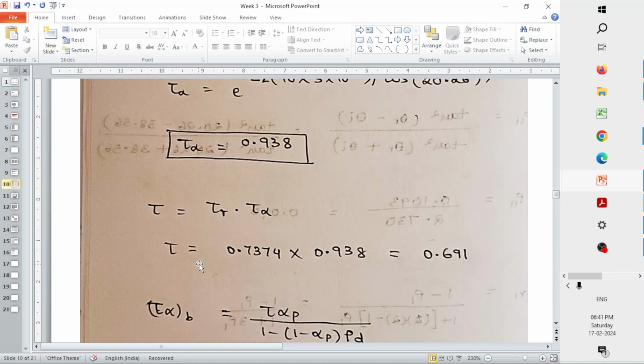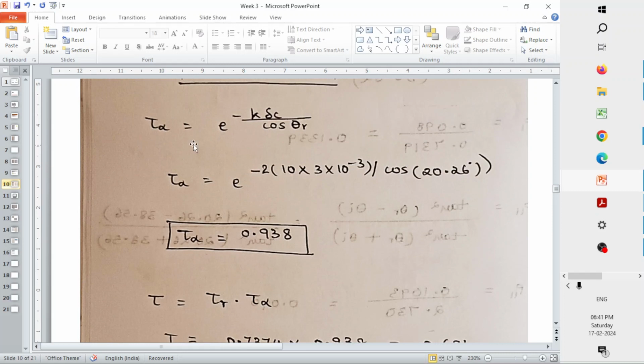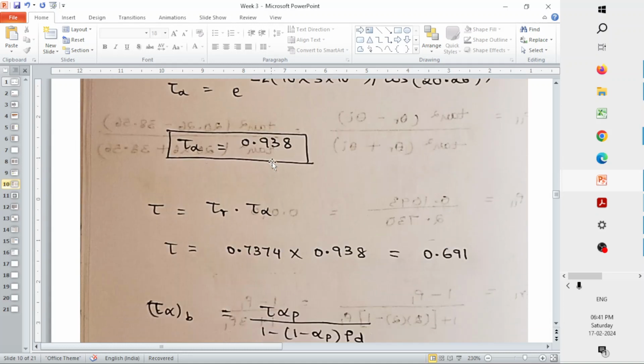And this tau alpha equal to e power minus k delta c divided by cos theta r is called Bouguer's law, which gives the transmissivity due to the absorption of the radiation. For information, the value of k is between 2 to 40, that is the extinction coefficient of the glass. Here we have taken 10.